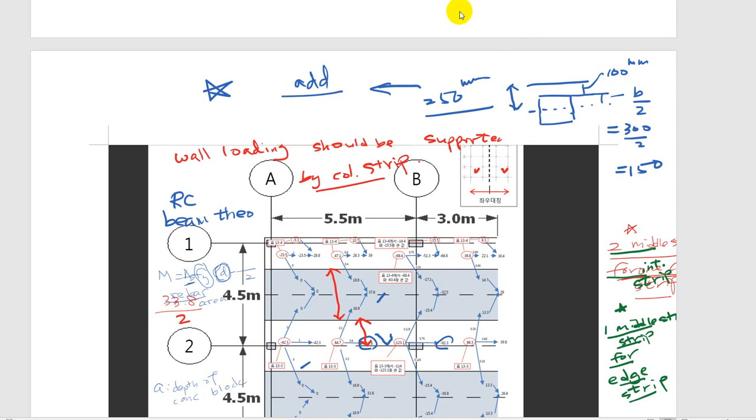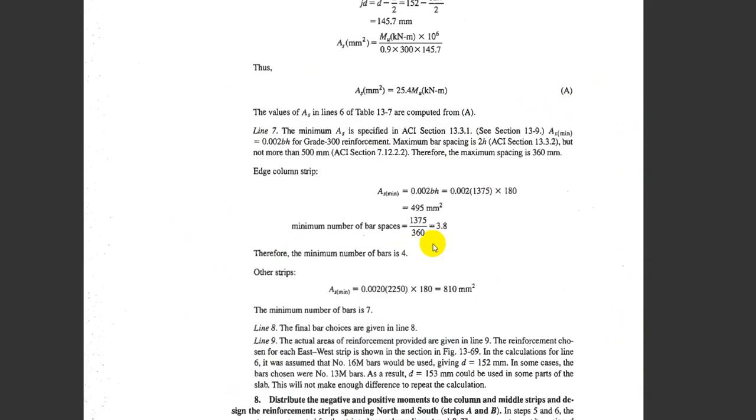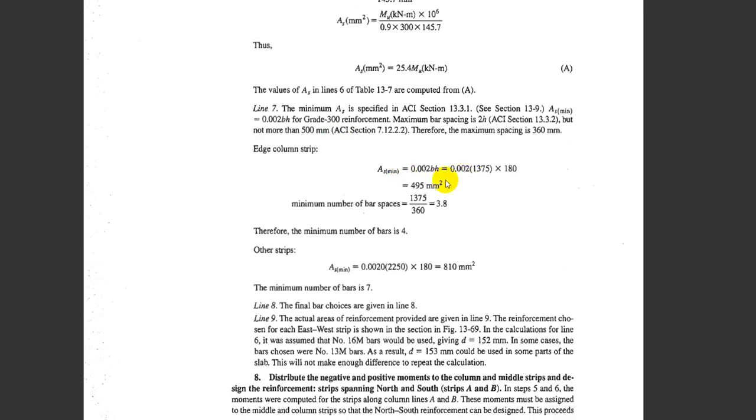Okay, so we take a look at the final conclusions of the slab design for this strip. We have 495 millimeter square. You can take a look at these little lines over there. You may understand, but you'll understand much more easily with my explanations. And also the ACI says your maximum spacing is 2h, 2 times the height of the slab, which gives you 360 because your edge is 180.